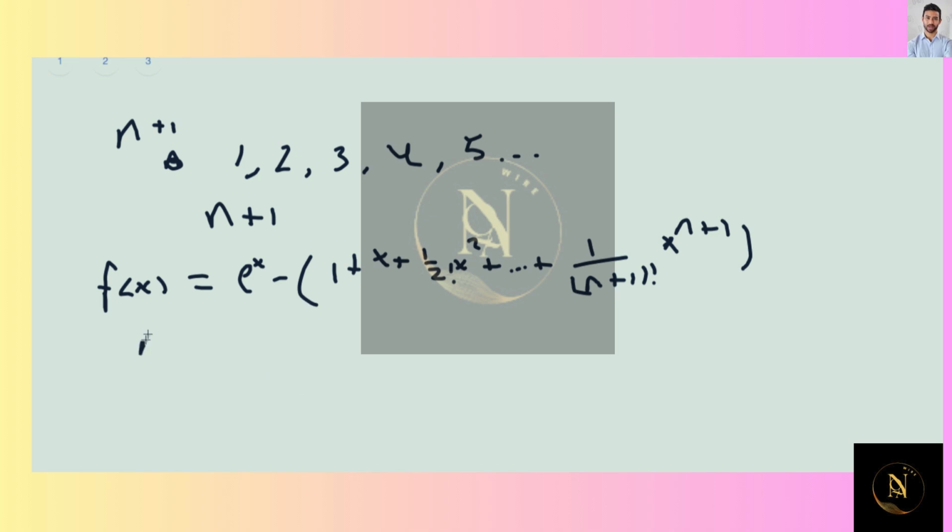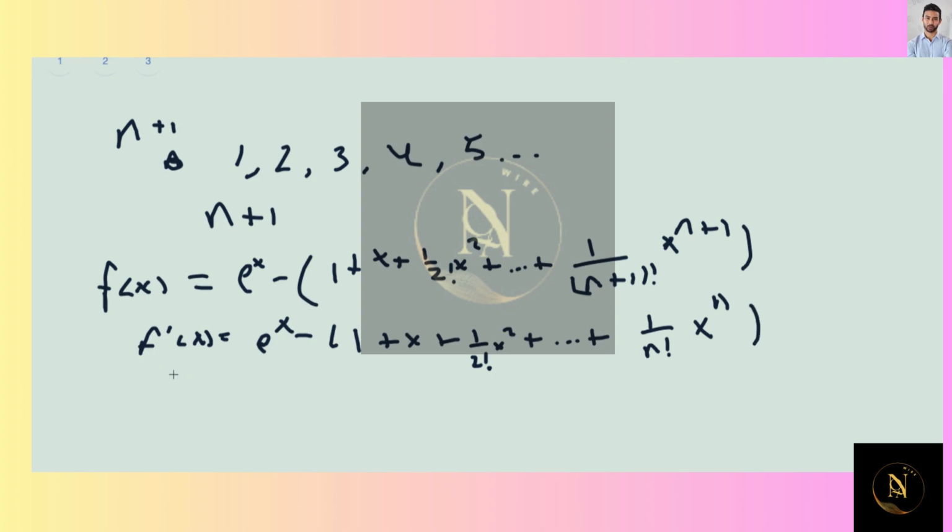Now we take the derivative. So the derivative is going to be e to the x minus 1 plus x plus 1 over 2 factorial x squared plus 1 over n factorial times x to the n.